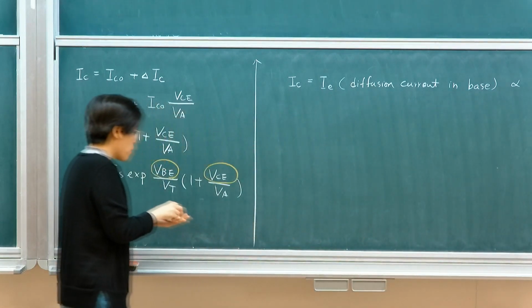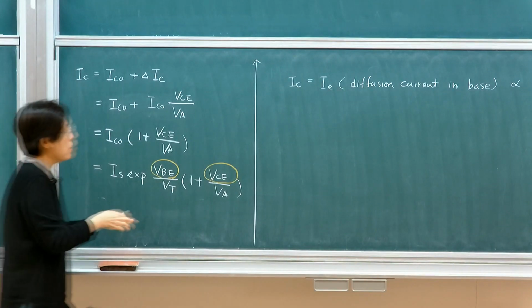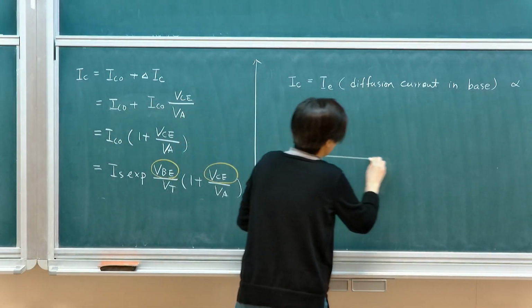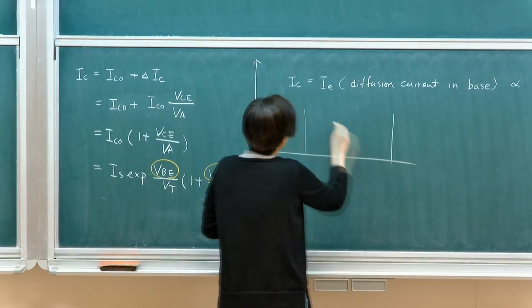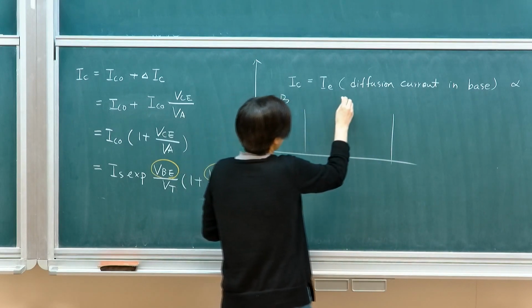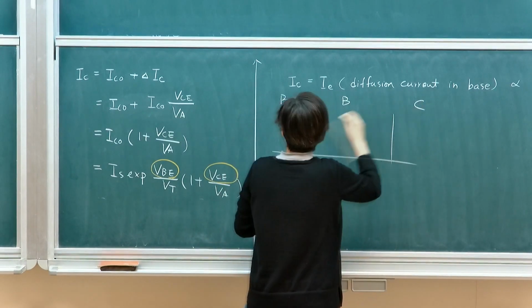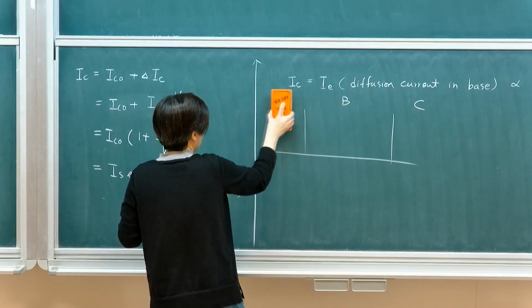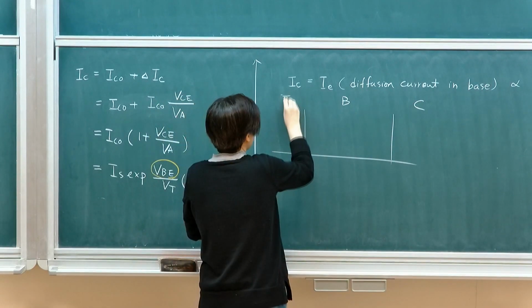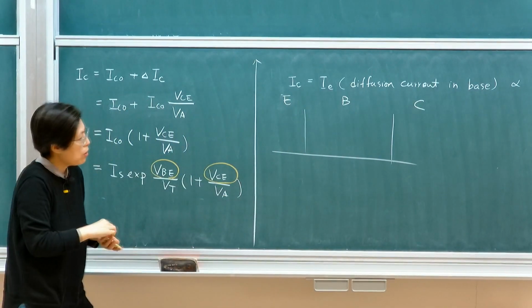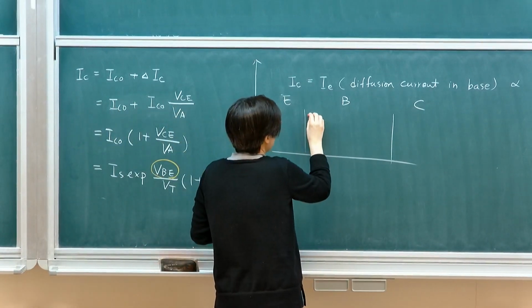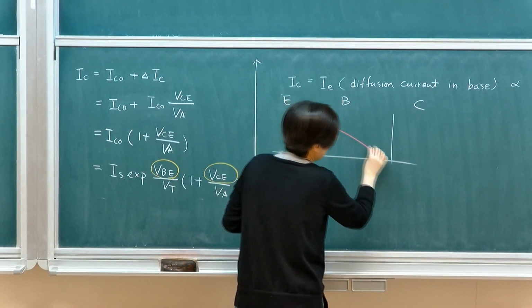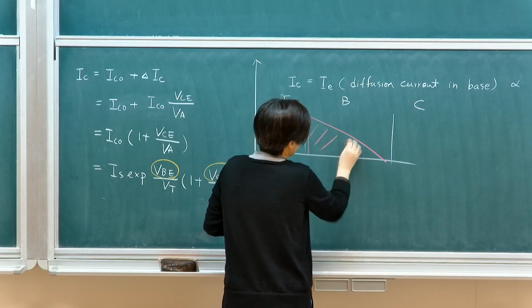So physically what happened is that if I have a BE junction, once again, BCE, there's a forward-biased PN junction. I'm going to tell you that this will look like this, right?